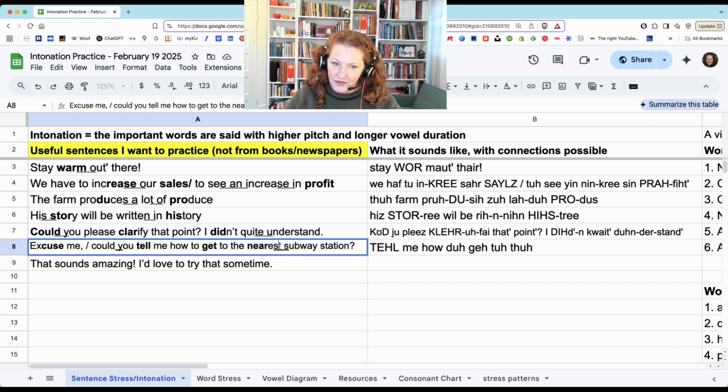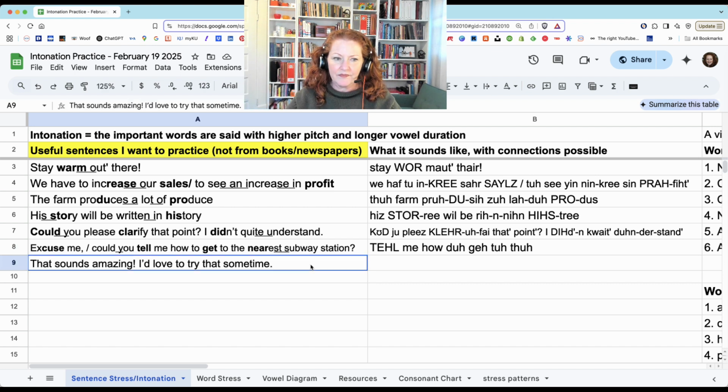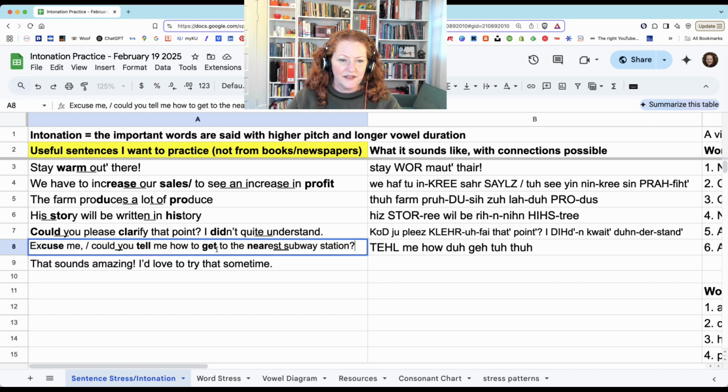Now, this T, you can skip it. So instead of stopping the airflow, nearest subway, just skip it. Nearest subway. Excuse me, could you tell me how to get to the nearest subway station? And you won't hear this T. I'm just going to put a little mark there because you're just making one T. Get to. Okay.